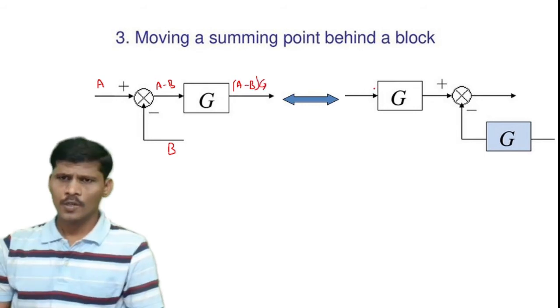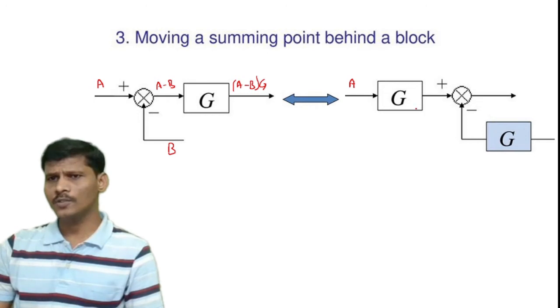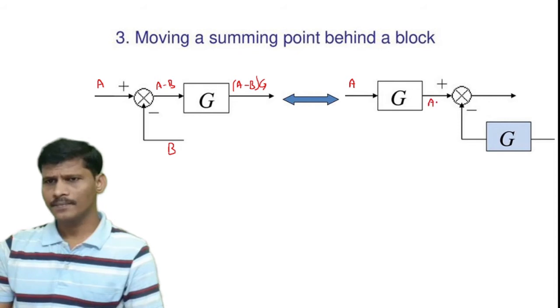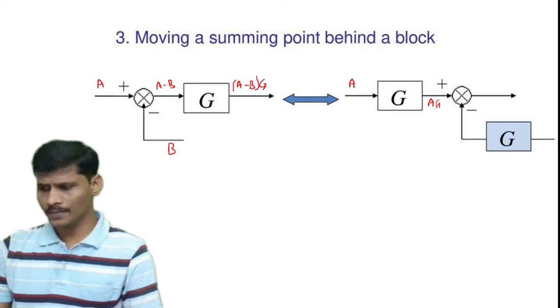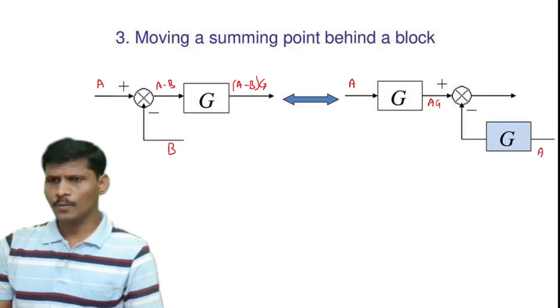Now here in this block the equivalent representation, the input signal is capital A. This input is passing through the block and the output of the block is A into G. This block input is A, and the output of this block is A into G, and the summing point has one input AG and another input AG.